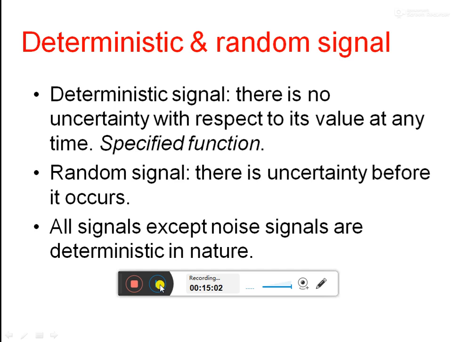Those signals are categorized as deterministic signals, whereas random signals are those where there is an uncertainty of the value before its occurrence. All signals except noise are considered to be deterministic in nature. Only noise signals are those whose behavior cannot be judged, so that is the only signal which comes under the random signals category. This is a simple definition of deterministic and random signals.